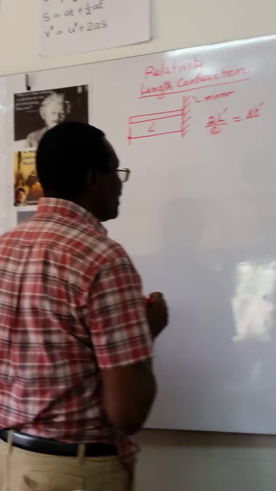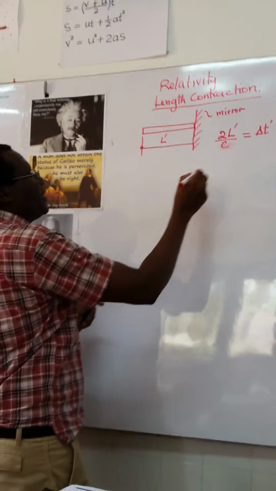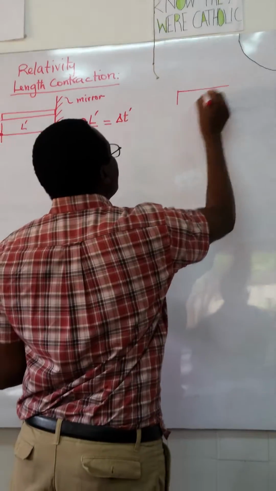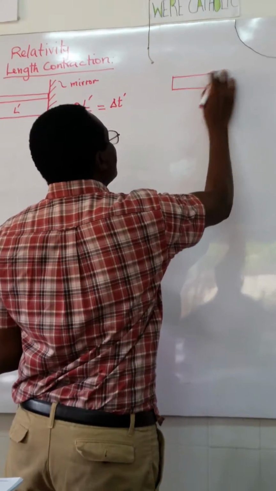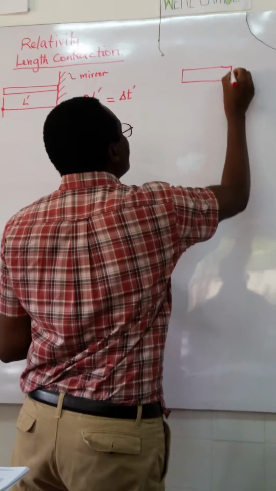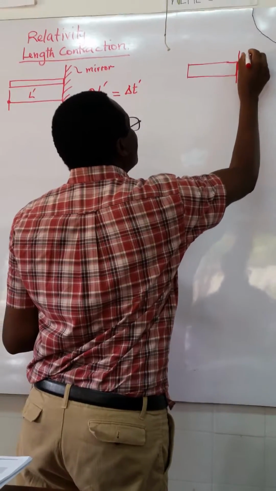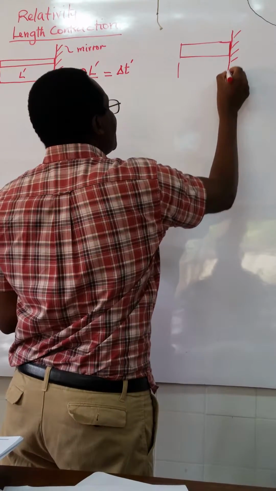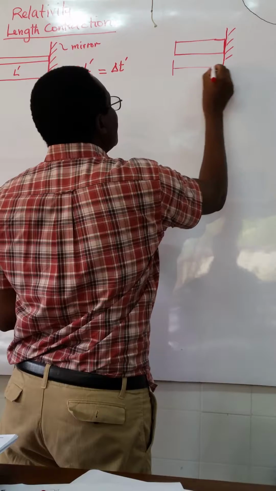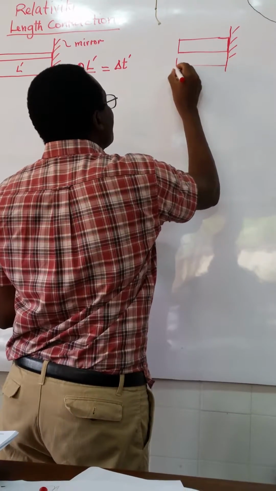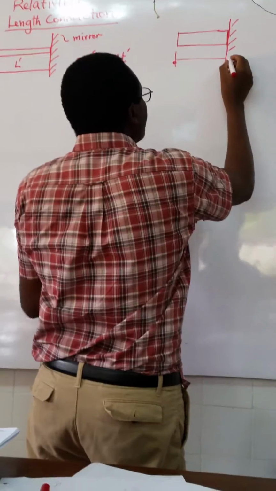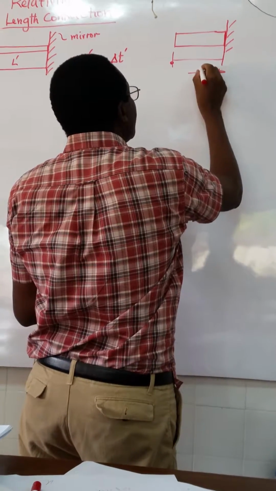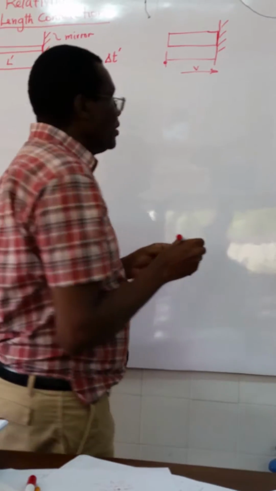measure proper time. Let us now imagine that we have the same ruler and the same mirror, but this time the flash is again done from this point to the mirror, but the mirror and the ruler are now moving at a velocity v.